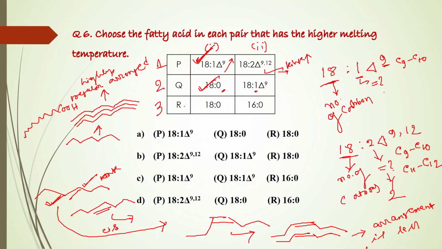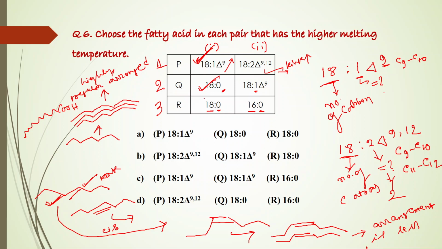Moving to set R, the first one is written as 18,0. The next one is written as 16,0. Now in both cases, from this number 0, we can clearly say that there are no double bonds present. In both cases, there are 0 double bonds. But how do they differ? They differ in the total number of carbon atoms.